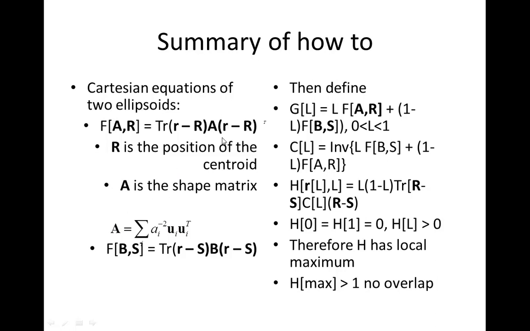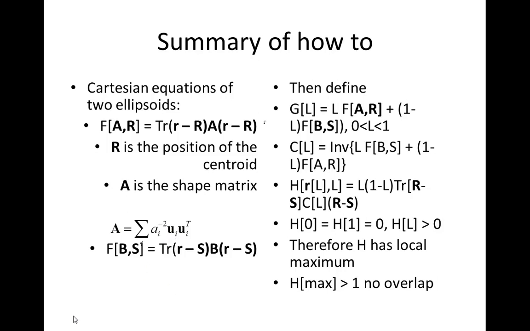This is a quadratic form, and it is equal to some number, which gives a family of similar ellipsoids. A is the shape matrix, and it's the inverse square of the semi-axis distance times the orthogonal axis vector times its transpose.